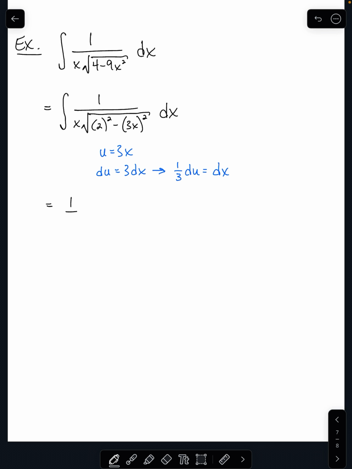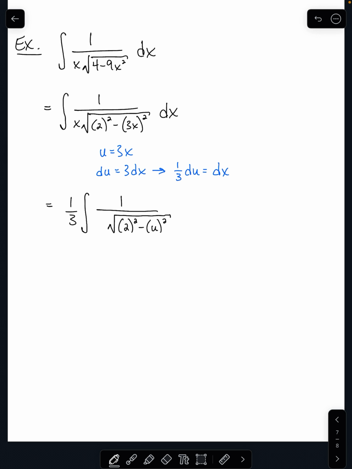This can then be written as 1/3 times the integral of 1 over, well, we'll come back to the x in a moment. Here we have the square root of 2 squared minus u squared.